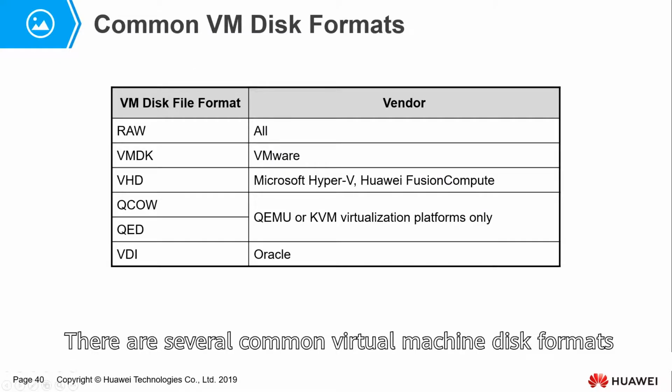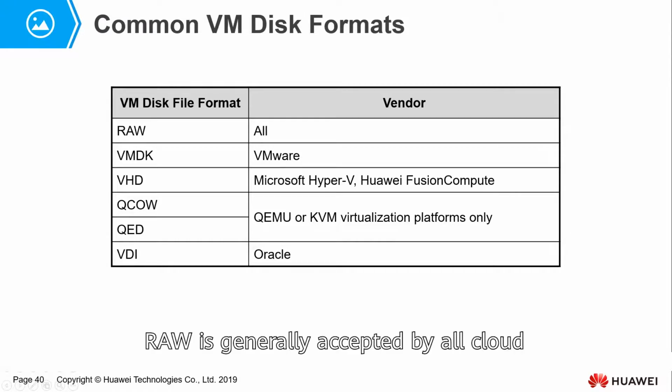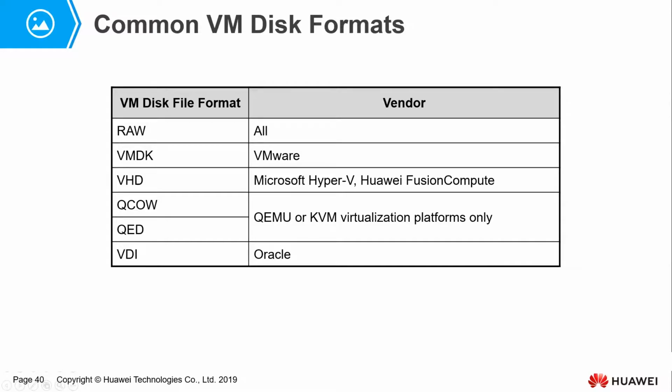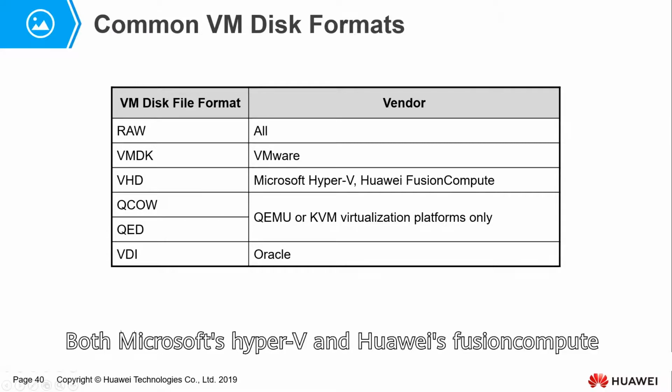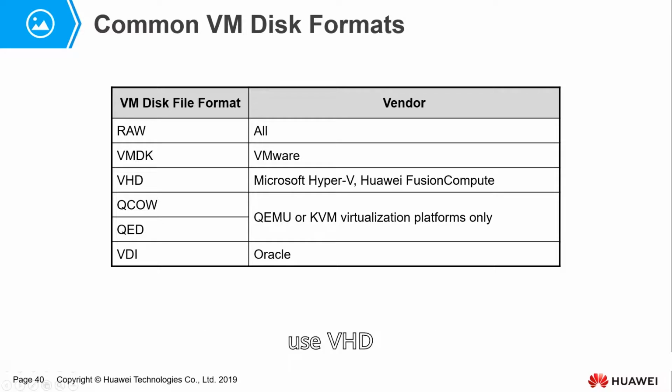There are several common virtual machine disk formats. RAW is generally accepted by all cloud computing companies. VMware uses VMDK. Both Microsoft Hyper-V and Huawei's FusionCompute use VHD.